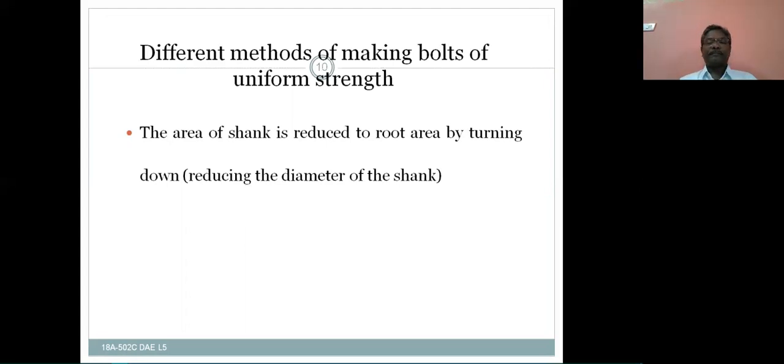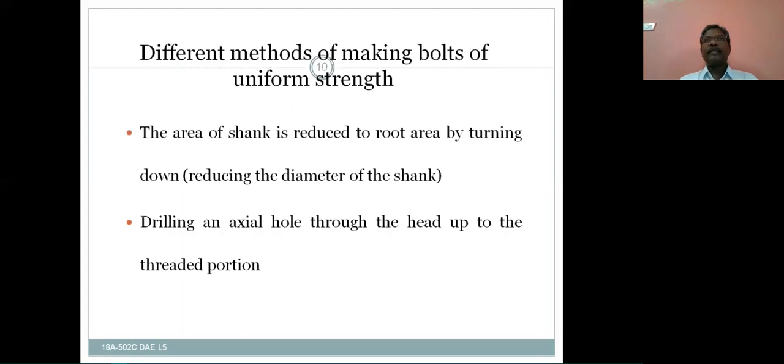That is one method. Another method is to drill a hole through the head of the bolt up to the threaded portion. So, drilling an axial hole through the head up to the threaded portion.